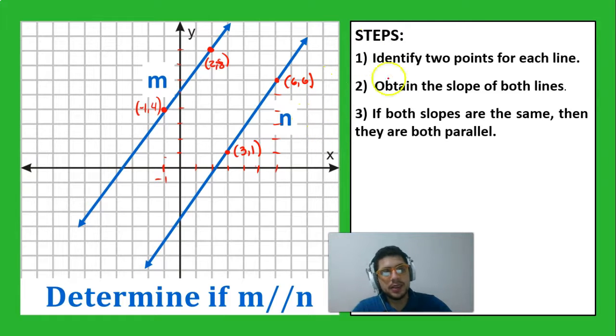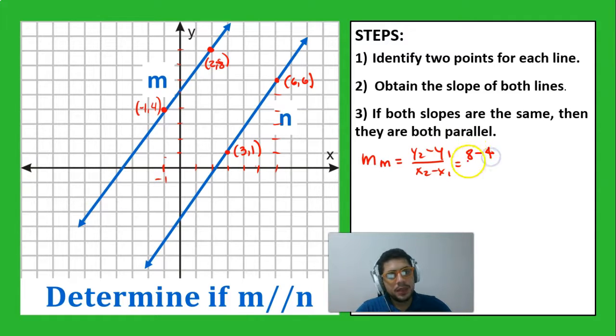So in this case, we're going to see that the slope of line M is going to be y2 minus y1 divided by x2 minus x1. So y2 is going to be 8 minus 4, and then 2 minus (-1). So it's going to be 4 divided by 3.